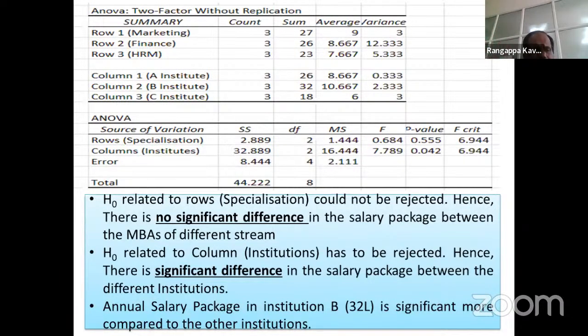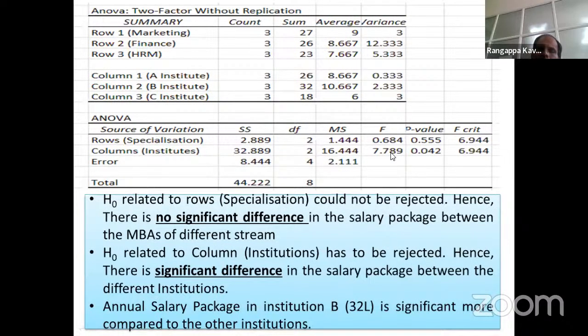And the other thing, H0 is related to the column, that is institution. As far as the F value for institution is concerned, the H0 related to the column has to be rejected, because you could observe the calculated F value is 7.789, whereas the critical value is 6.944.